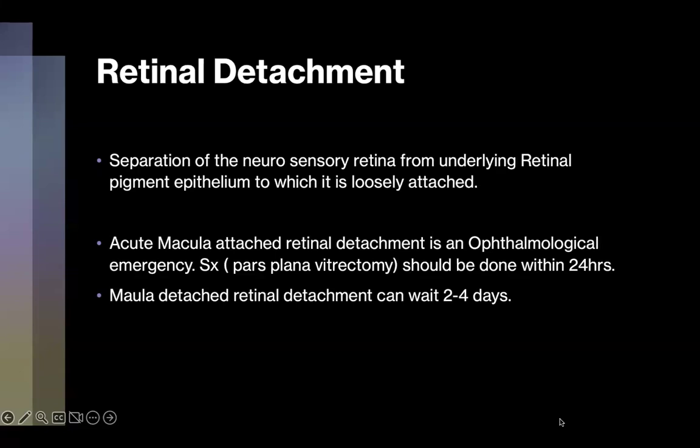There are no strong anatomical attachments. Some conditions, like trauma and intraocular operations, can give rise to a retinal tear, and from that tear, fluid goes in between the retina and the choroid and separates the neurosensory retina, forming a retinal detachment.